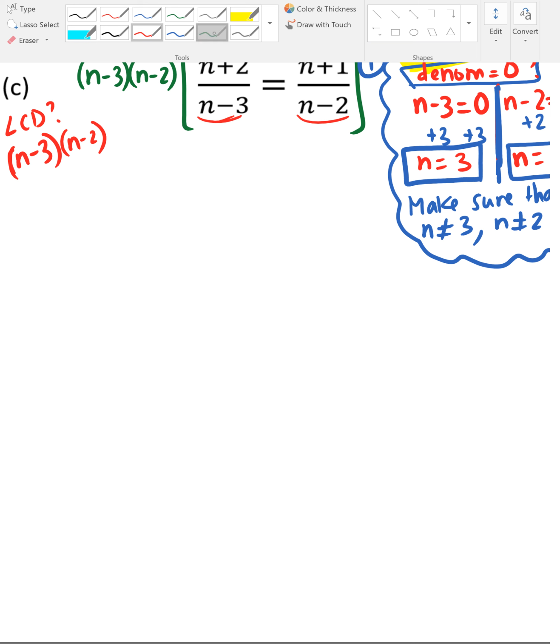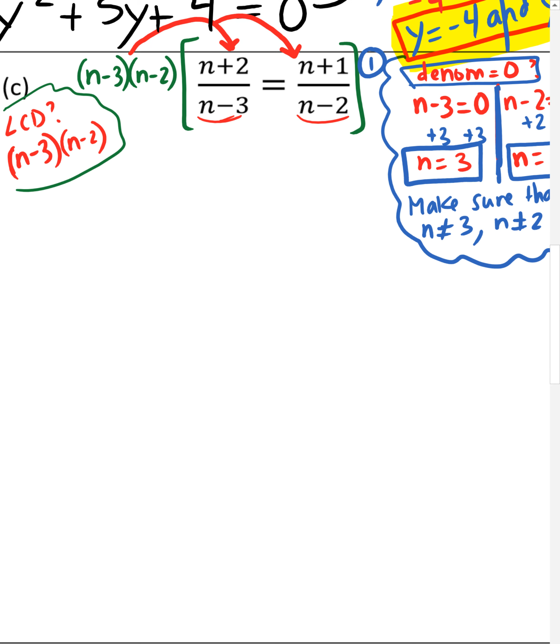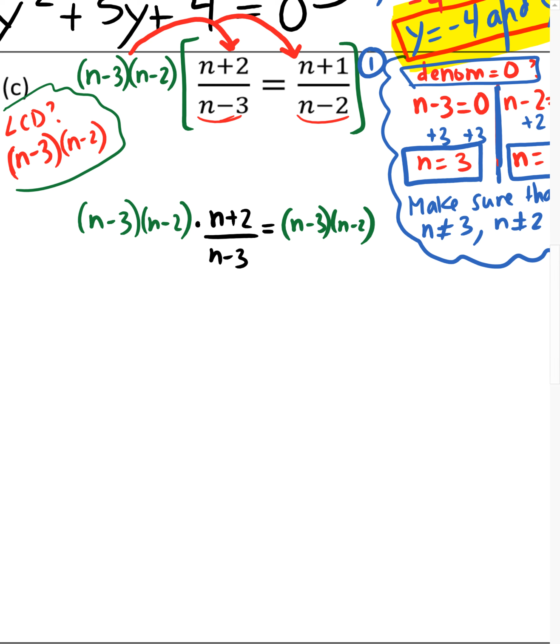I'm going to write it out like we did before. n minus 3, n minus 2, written next to the first fraction, n plus 2 over n minus 3, equals. I'm also distributing the LCD onto the fraction on the right, so I'll write it next to that fraction, n plus 1 over n minus 2. Oops, shoot.